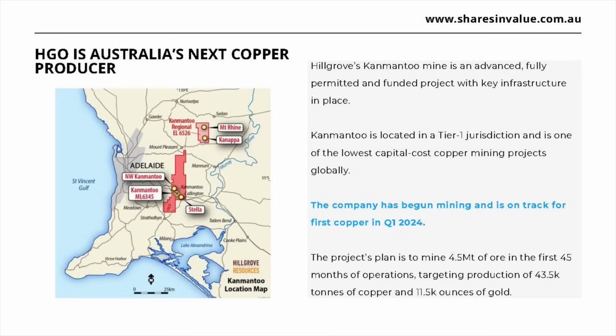So they've got a very clear path to revenue. I think in their recent quarterly, they still had $10 million in cash. And they've got that production coming any moment now. So that removes a lot of that risk around the funding situation.